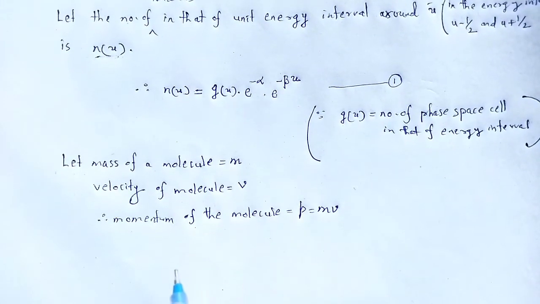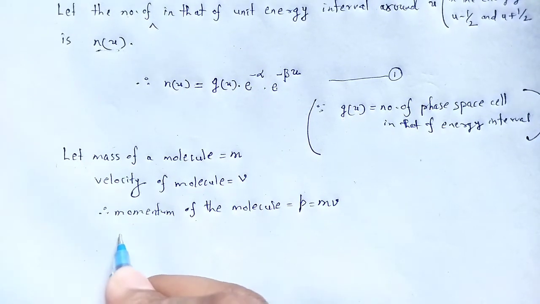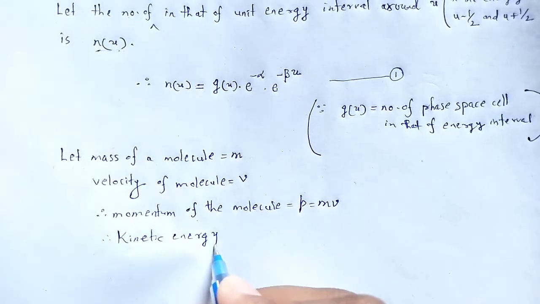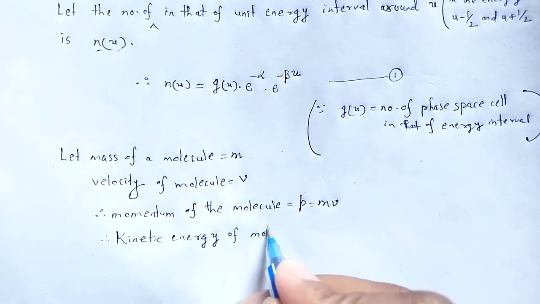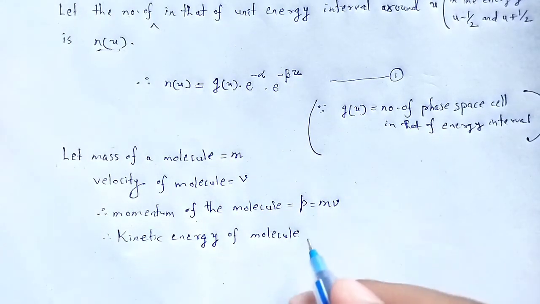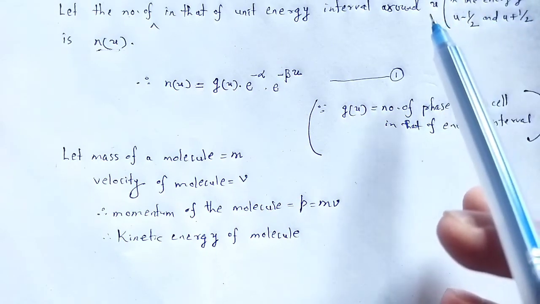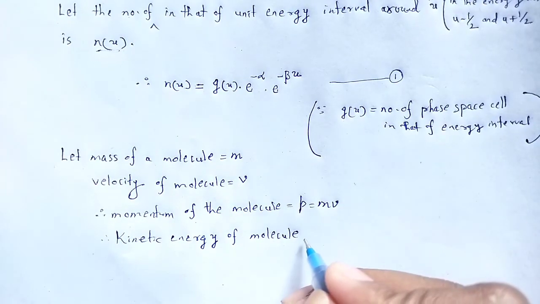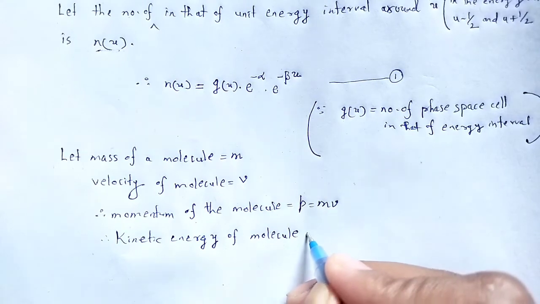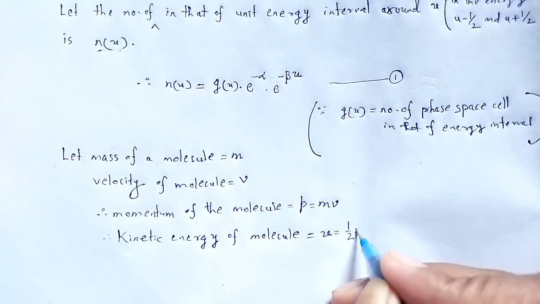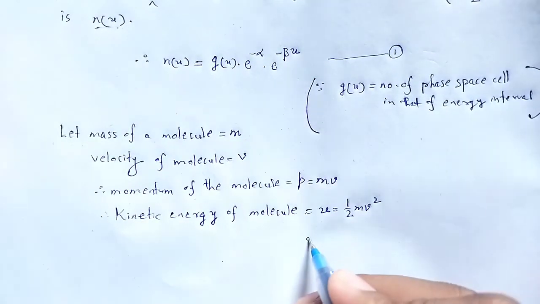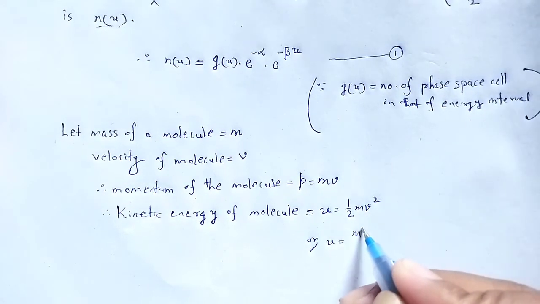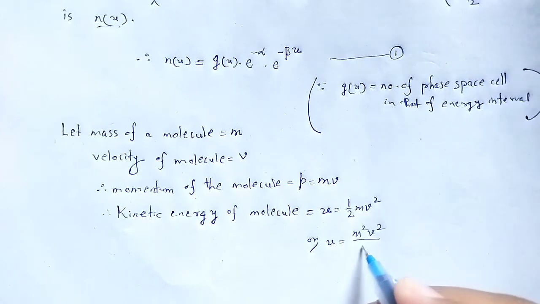Again, the kinetic energy of the molecule. In the case of an ideal gas, the total energy is only due to kinetic energy, and the kinetic energy of that molecule is given by U equal to half mv square, or U equal to m square v square divided by 2m.